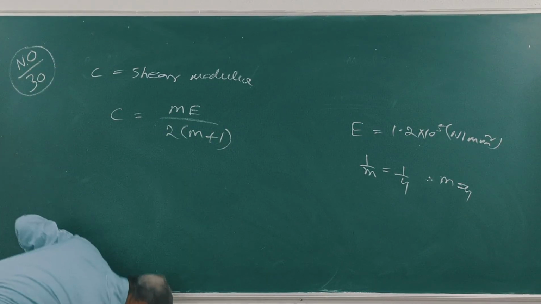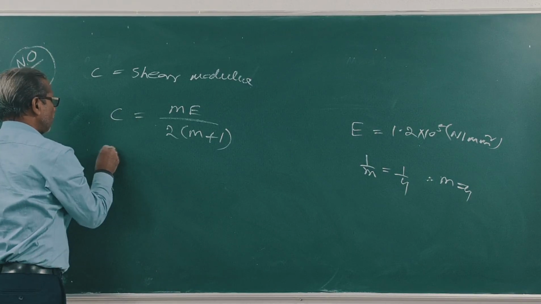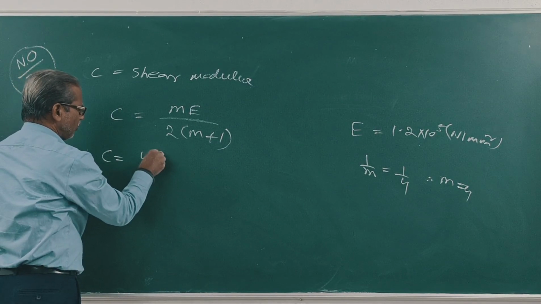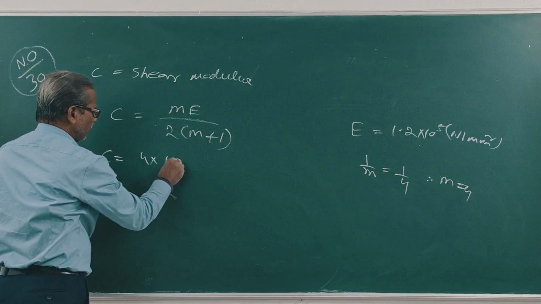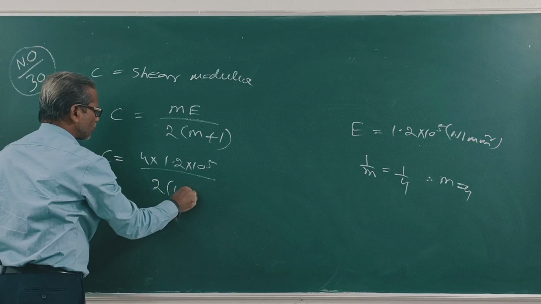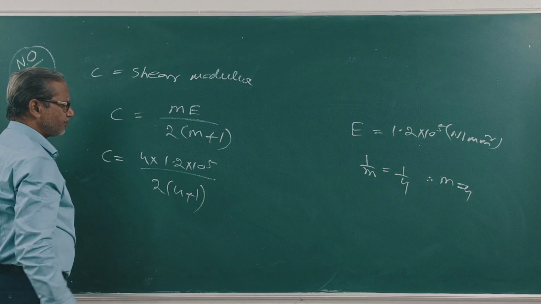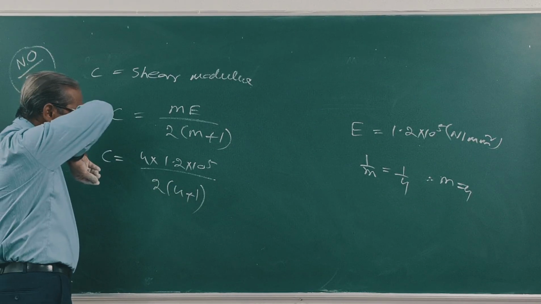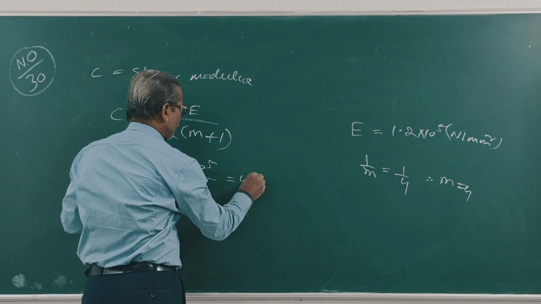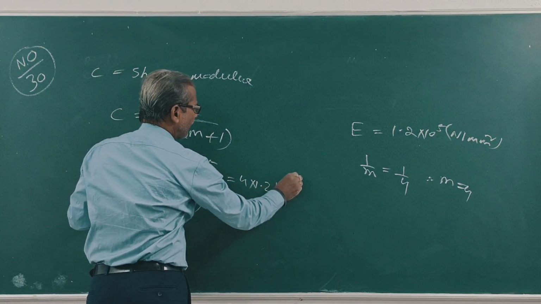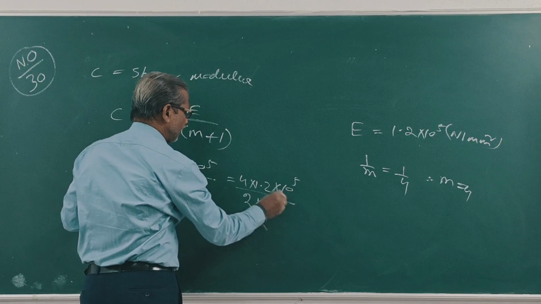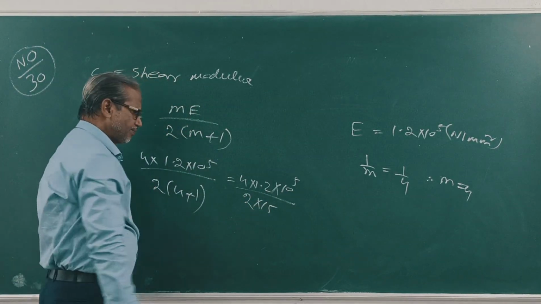So C is equal to 4 into 1.2 into 10 to the 5 by 2 into 4 plus 1. Clear? Four into 1.2 into 10 to the 5 by 2 into 5, which is 10.